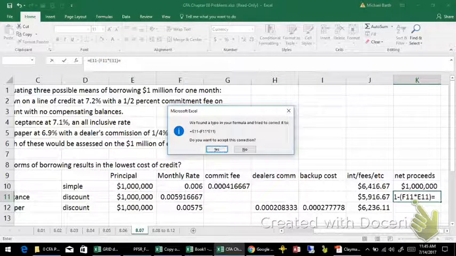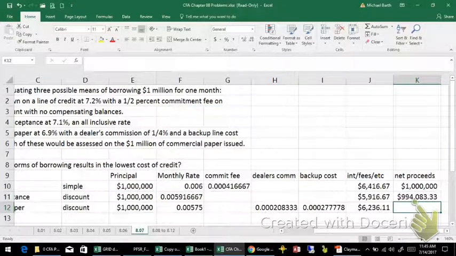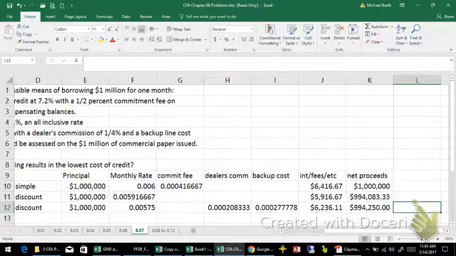That's the net proceeds for that loan, and that's the net proceeds for that loan.